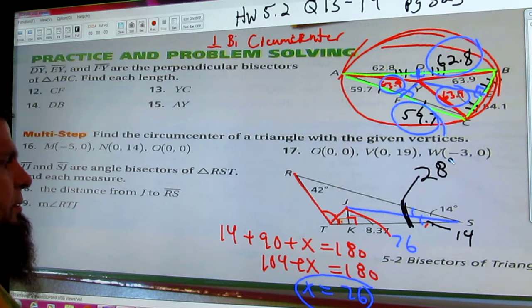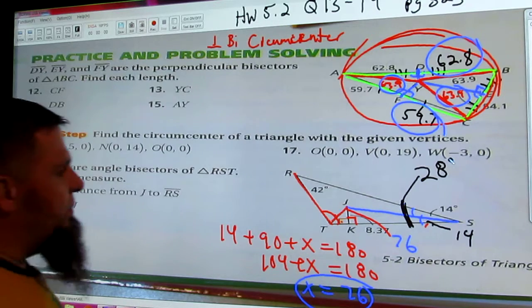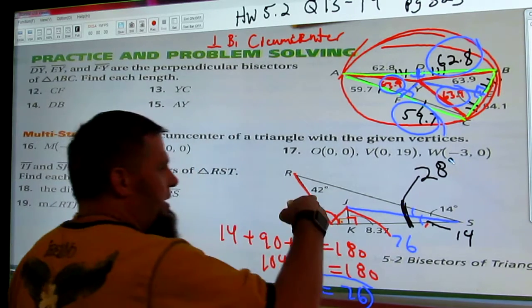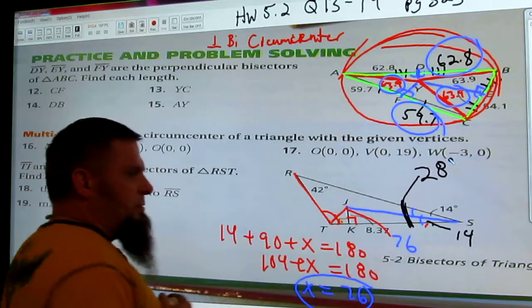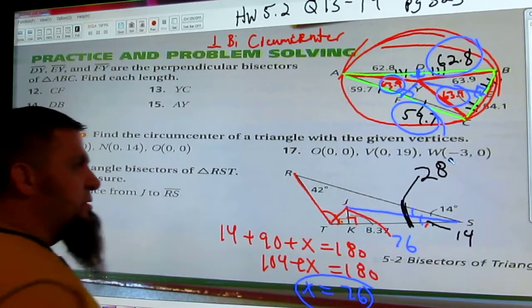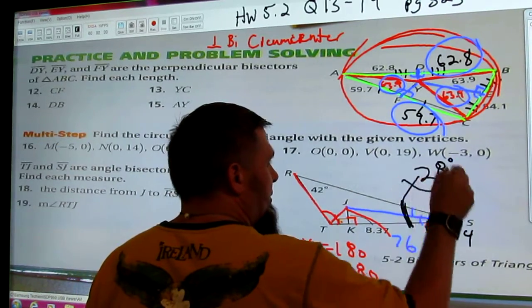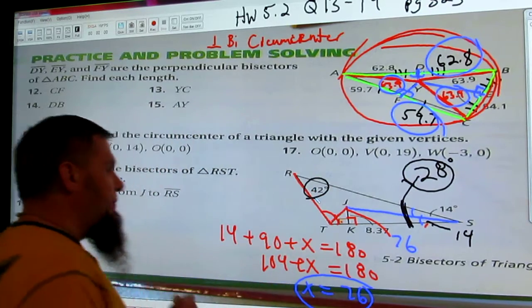Then we have to look at this angle and this angle. This is 28 and this is 42.